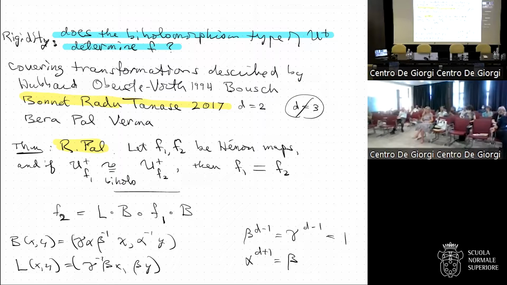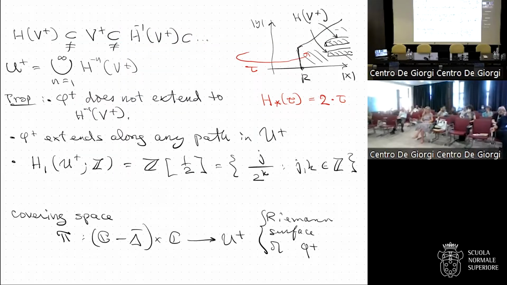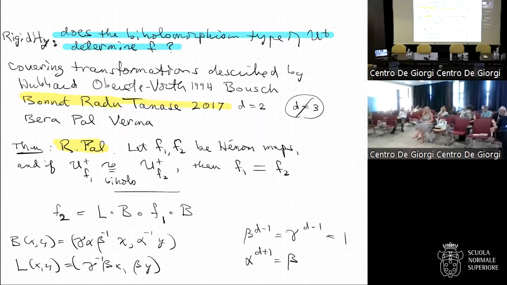And so the way they approached this was to look at the covering space and ask, well, what are the covering transformations? The covering transformations were looked at by several people. And finally, very recently, an answer to this question is that the biholomorphism type of U does exactly determine F. And specifically, if you have two Hénon maps, Ramadas and Nepal showed that if their escape regions are biholomorphically equivalent, then they're equal in this sense, okay?